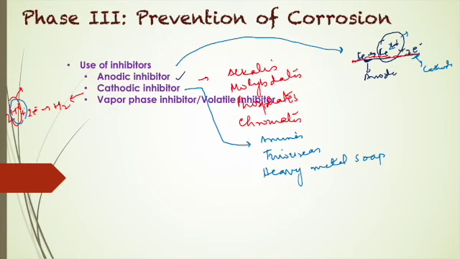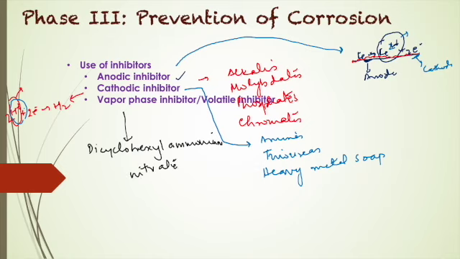Like for example, the anodic inhibitors, or let's say the volatile corrosion inhibitors. I'll write the example over here. One of the examples which is most commonly used is dicyclohexyl ammonium nitrate.